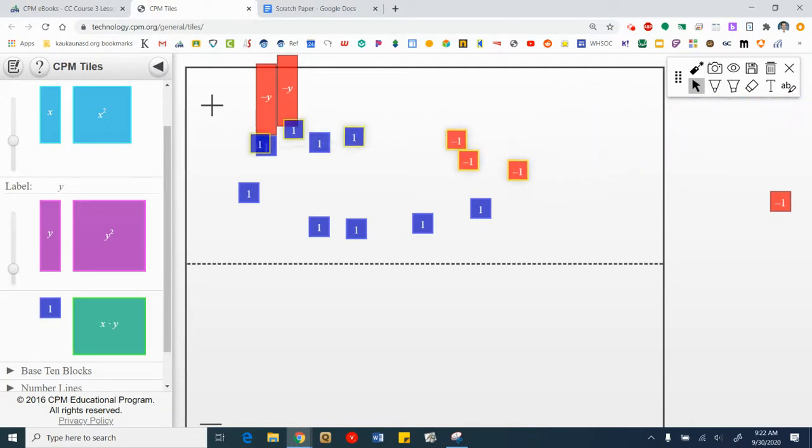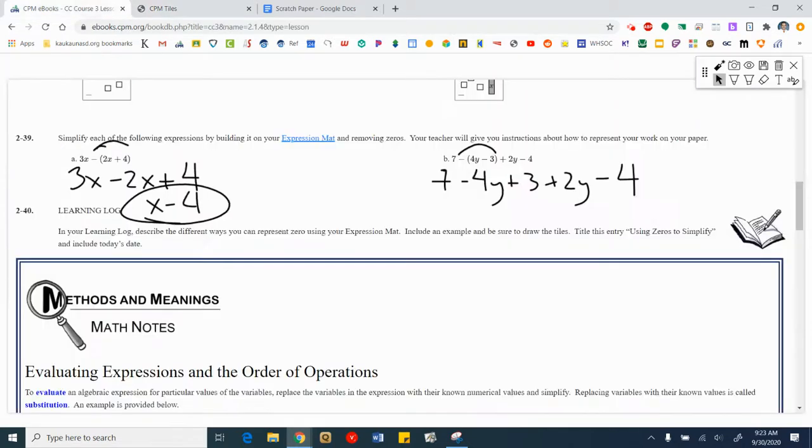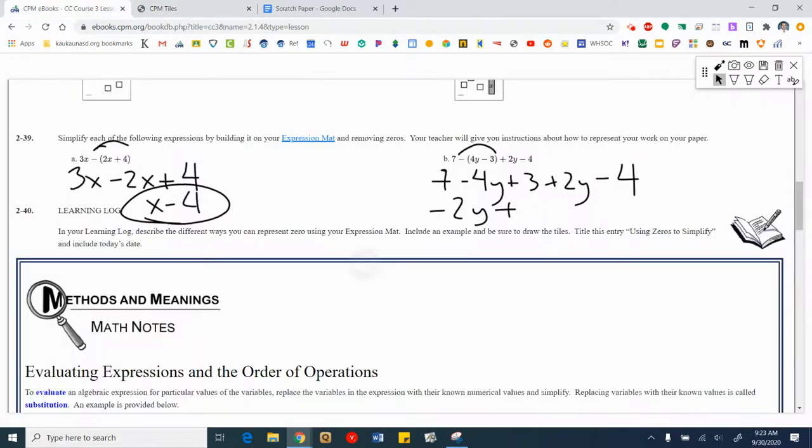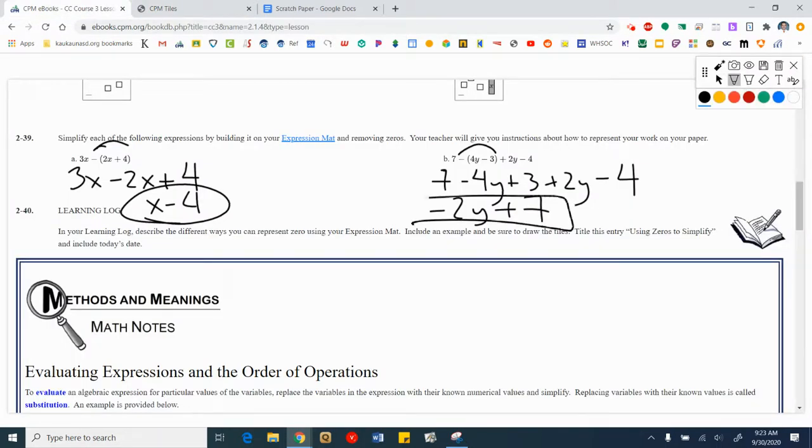These 3 minus 3 cancels out. So what's left over? I have negative 2y plus, let's see how many positives I have here: 1, 2, 3, 4, 5, 6, 7. And there's my final answer.